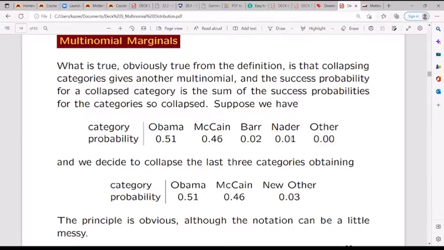So here, if you collapse, when you take a look at Barr, Nader, and the others, what they have does not measure up significantly to what Obama and McCain have.